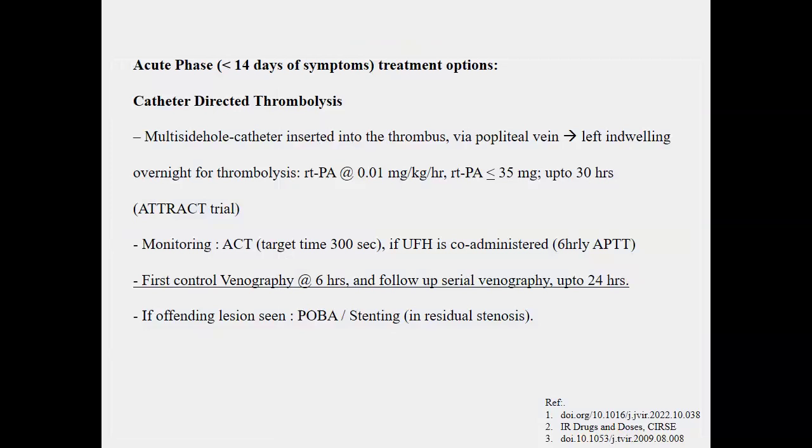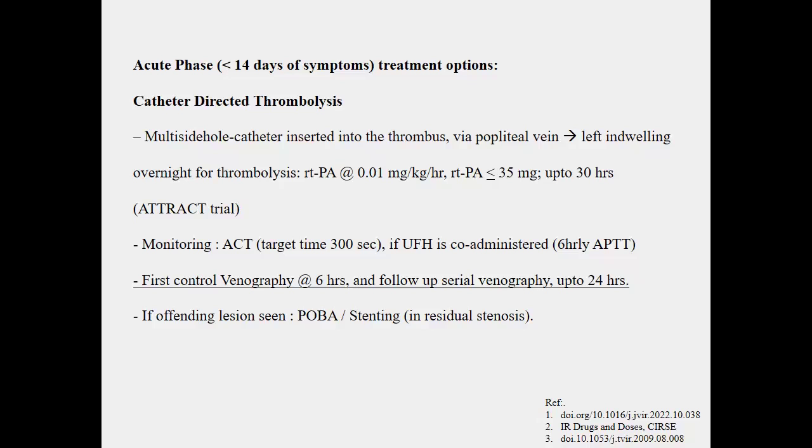So I'll just repeat the treatment options within 14 days of symptoms of deep vein thrombosis. That means the acute phase of deep vein thrombosis: catheter-directed thrombolysis, where we insert a catheter inside the thrombosed vein. We infuse fibrinolytic agents and we leave the catheter indwelling inside the thrombosed vein overnight for thrombolysis. We monitor ACT, with a target time of 300 seconds.